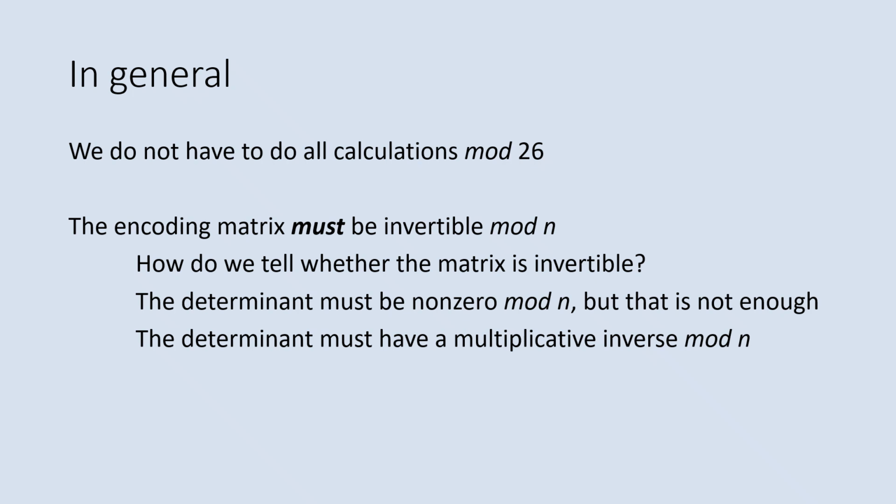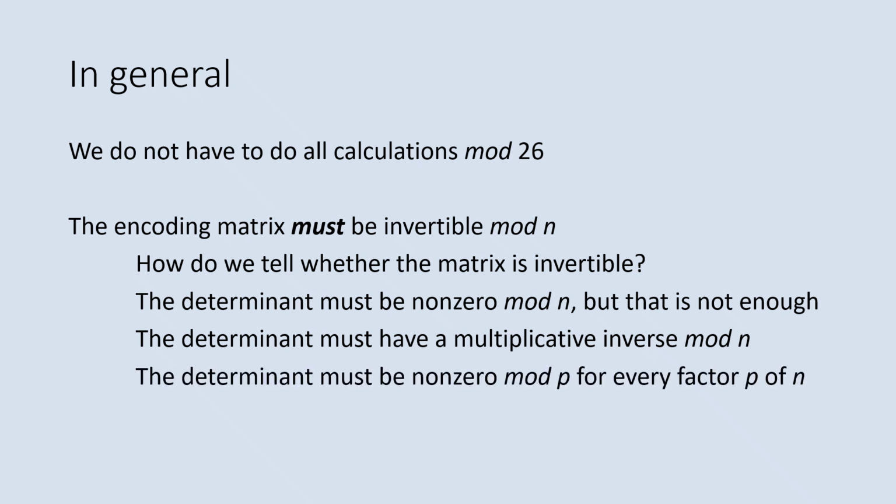The determinant not only has to be non-zero mod n, but it has to have a multiplicative inverse mod n, because we need to look at 1 over the determinant. So that multiplicative inverse has to exist, and if it doesn't exist, then there will be no inverse.